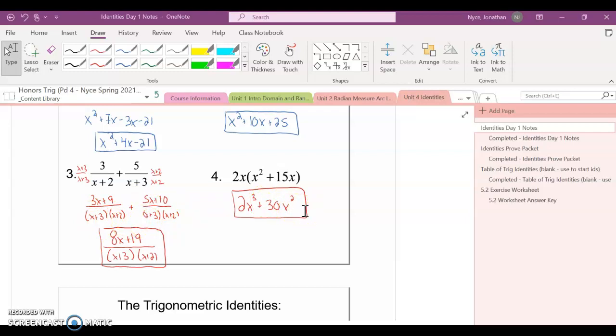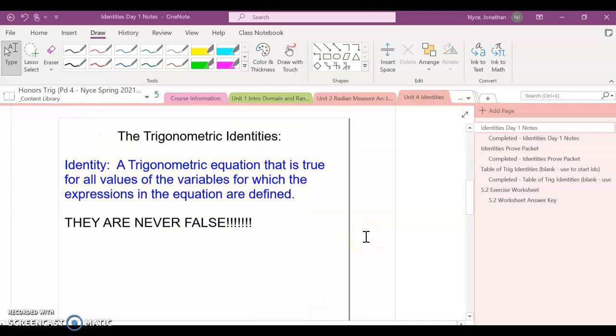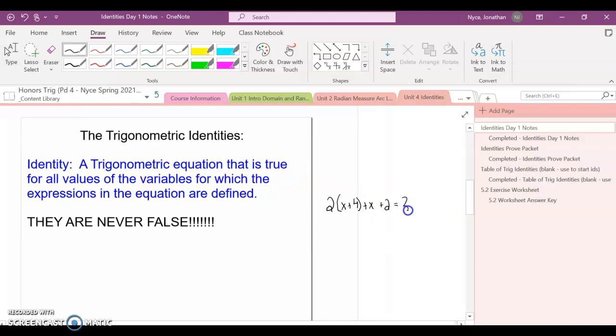So those are some algebra skills that we'll be using over the next several days as we go through identities. You might be asking what an identity is. You're familiar with some identities. For example, if you have 2 times x plus 4 plus x plus 2 equals 3x plus 10.